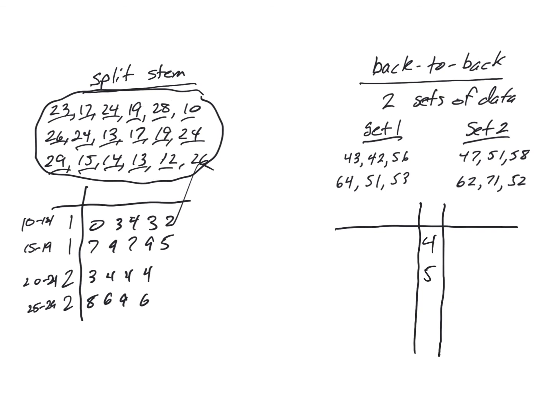Set 1 goes over here. So here we go: 43, 42, 56, 64, 51, and 53. Over here goes 47, 51, 58, 62, 71, and 52.